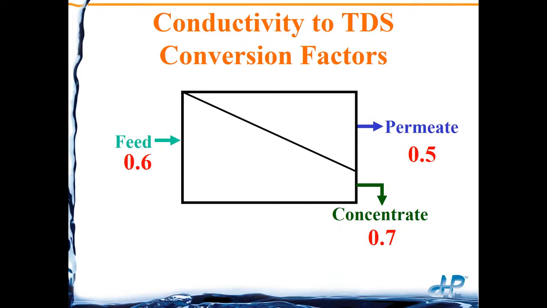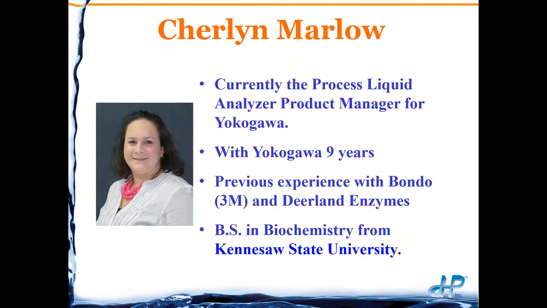And this is just showing that the permeate disproportionately, because it has smaller ions and faster ions, hydrogen is the fastest ion, and the pH is lower, so there's more hydrogen. So you have more conductivity per milligram per liter in the permeate than you would in the feed and the concentrate. So that's just a real quick overview of conductivity.